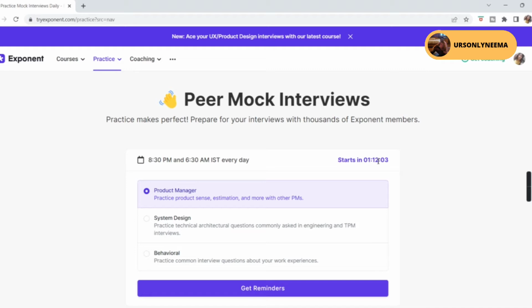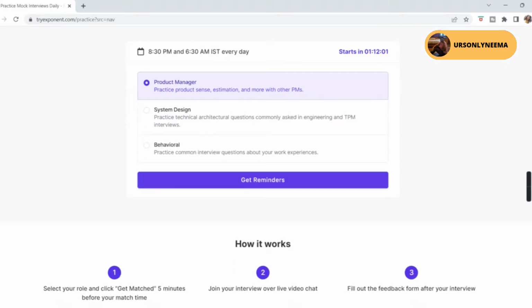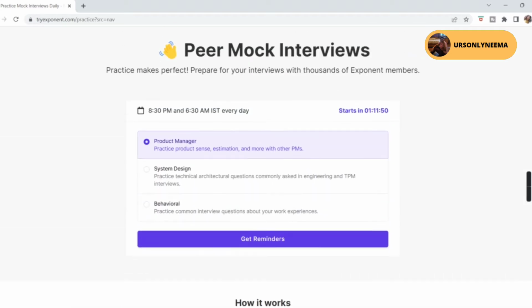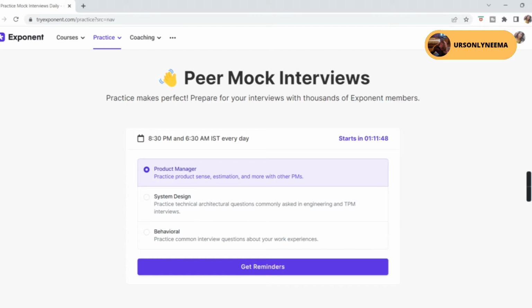If you book a slot, you get reminders, you can have it over video chat, and you also get feedback from the interview. The peer mock interviews are basically free, some of them based on your credits. So this can be used by people who want to practice and refine themselves before attending the interview.